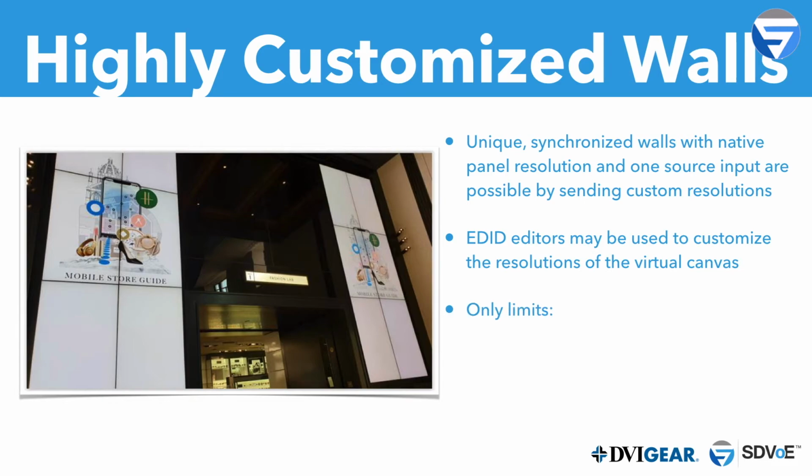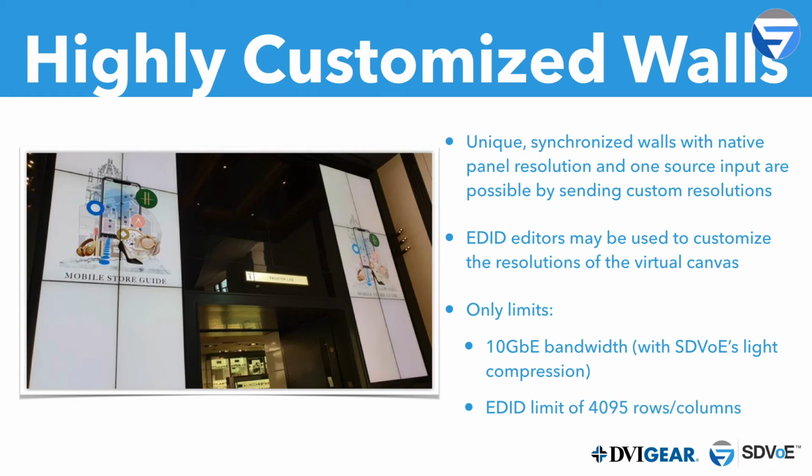The only limits that you have regarding which resolutions you can send are 10 gigabit bandwidth, and SDVoE's light artifact-free compression can be employed manually to enable further resolution extension with our 1.4 compression ratio, saving a fair amount of bandwidth as needed. And the EDID standard is limited to only 4,095 rows and columns.